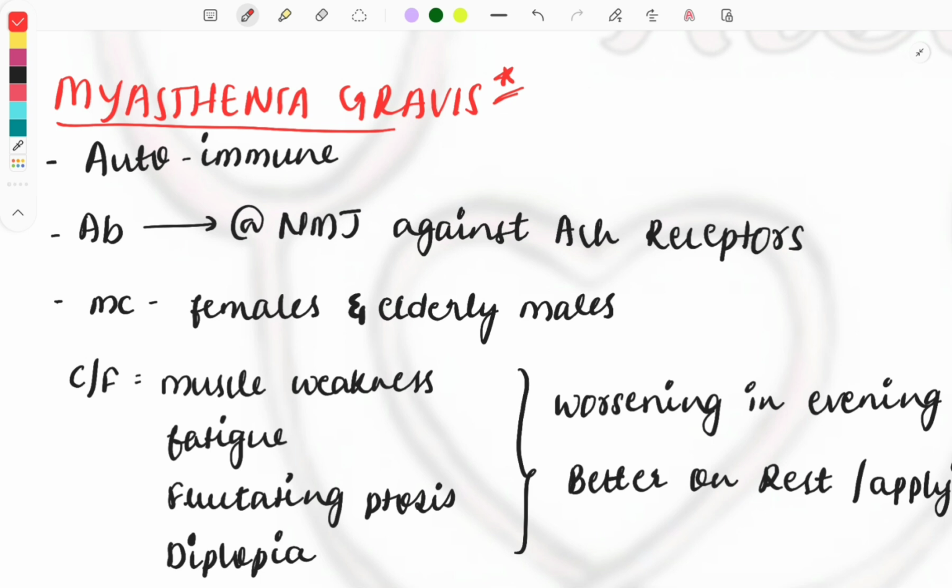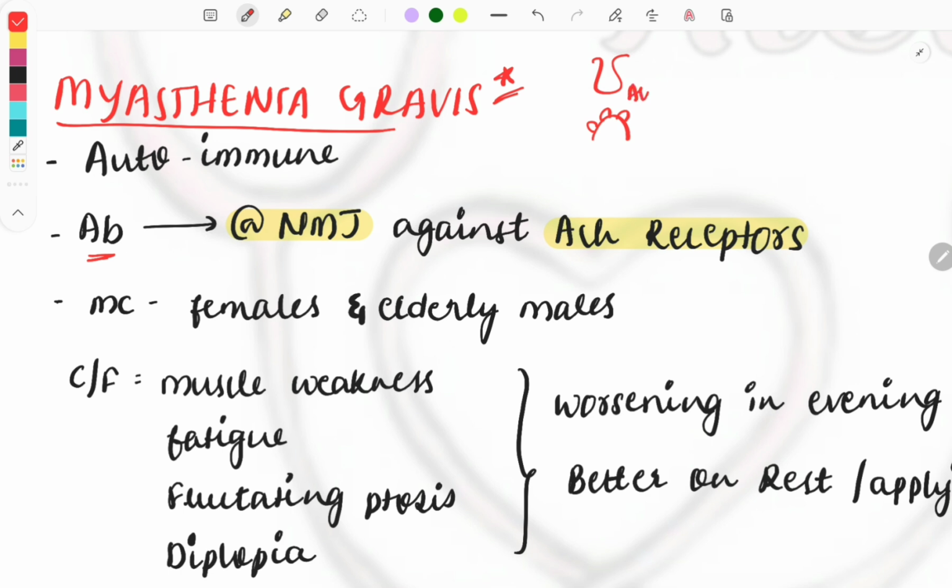So it is an autoimmune disease, and by the name of autoimmune, we come to know that antibodies are formed against something. So what is it? The neuromuscular junction, against the ACh receptors. So this is the presynaptic, this is the postsynaptic membrane, and this is the receptors.